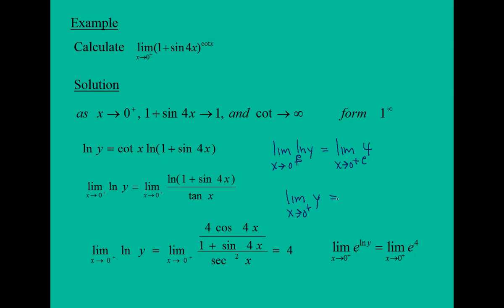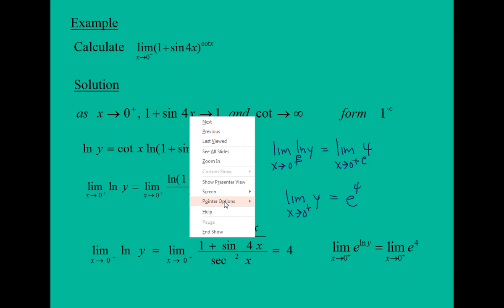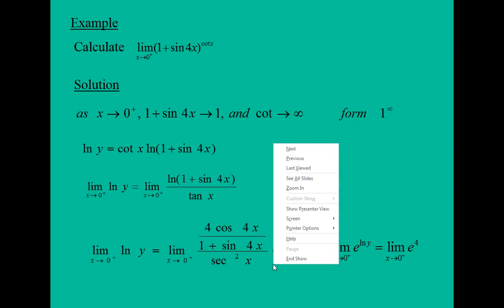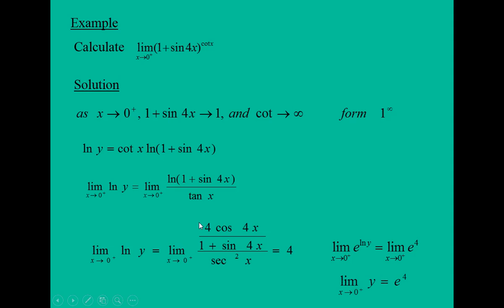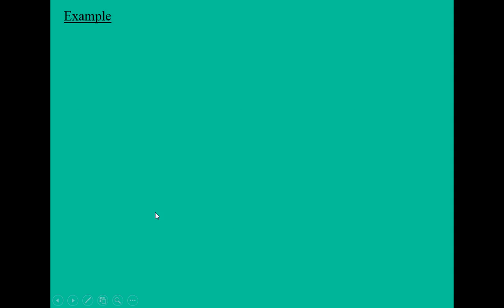And the limit of e to the fourth as x approaches 0, and that's just a constant, is e to the fourth. So now we can finish the problem and move on to the next one.